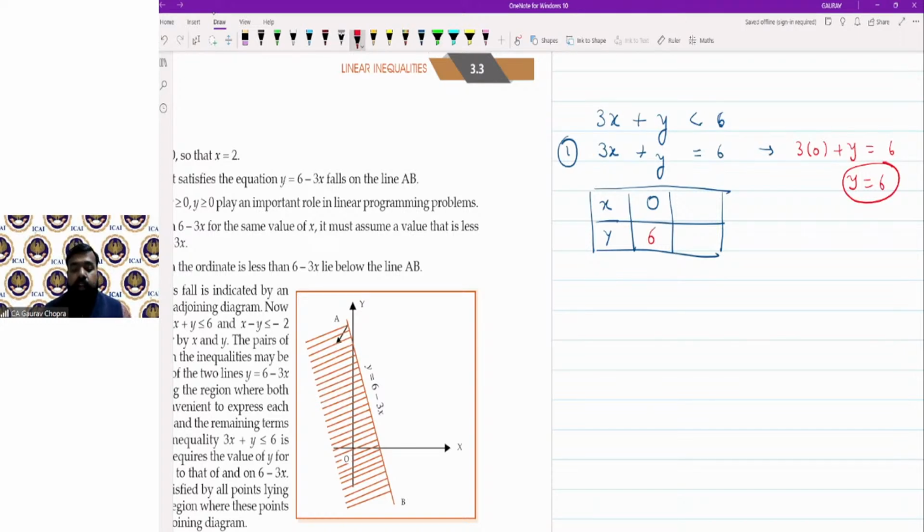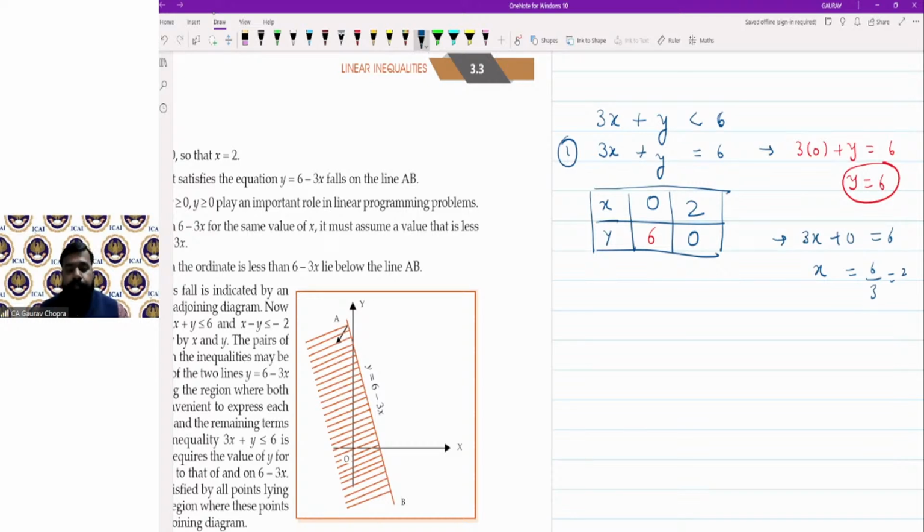On the other hand, we can keep y as 0. If y is 0, what will be the value of x? So 3x plus 0 equal to 6, so x will be 6 upon 3, that is 2. So x will be 2. So these are the coordinates.